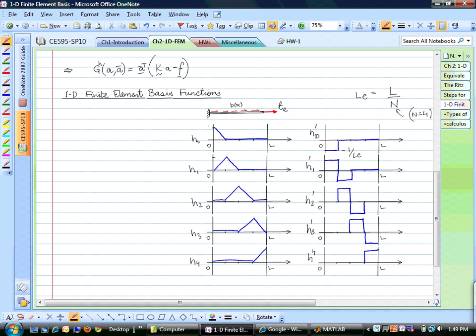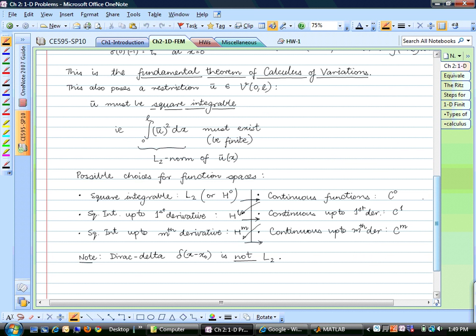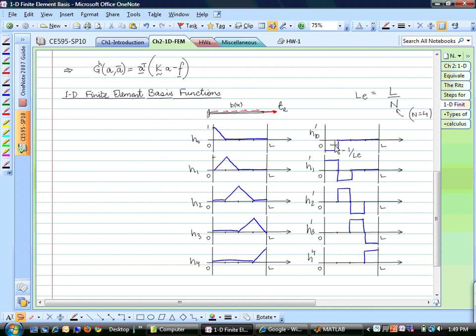Okay, so these derivatives are not continuous, which means that if you go back to the first page, then it is certainly not C1. These functions that we have just chosen are not C1, meaning their derivatives are not continuous. How about, are they integrable? If we square them and try to integrate them, will we get a finite value?